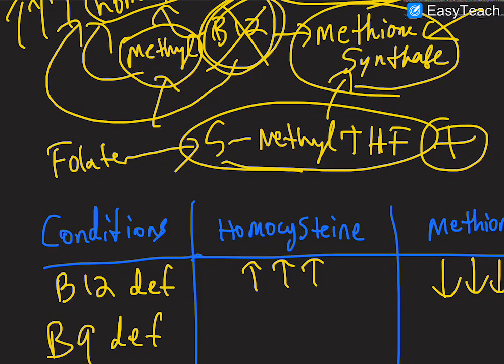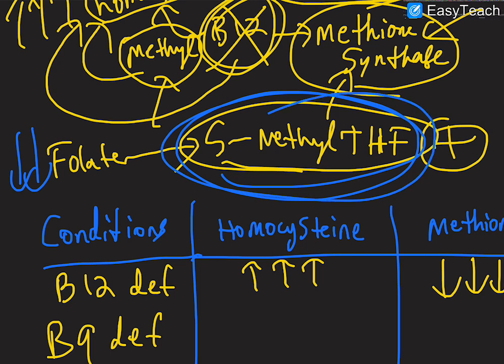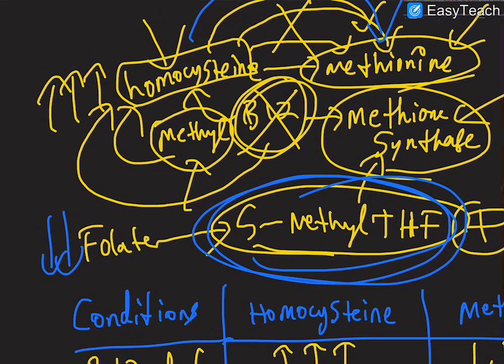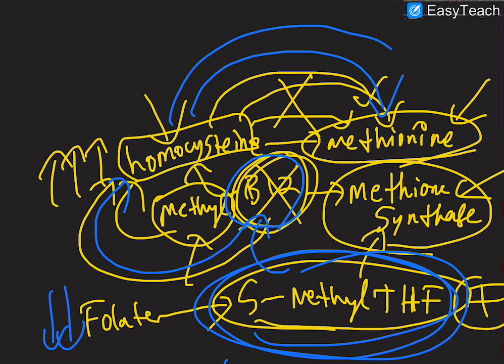So then if you're deficient in folate, you don't have proper levels of activated folate, which means you can't properly methylate B12, which means B12 can't transfer its methyl group to homocysteine, which means homocysteine cannot get converted to methionine.